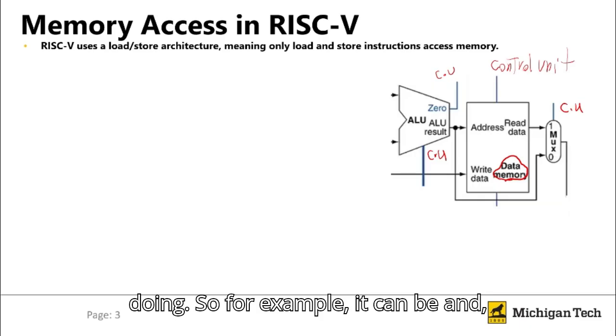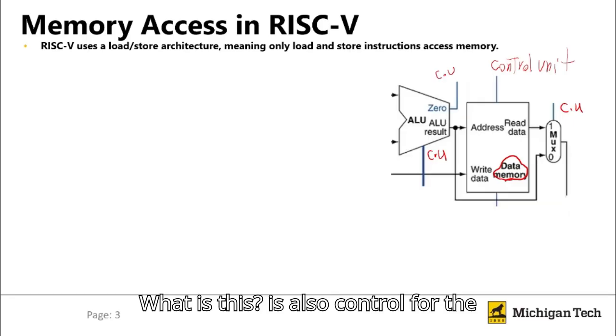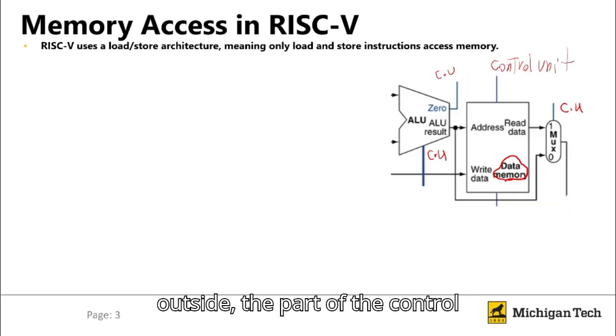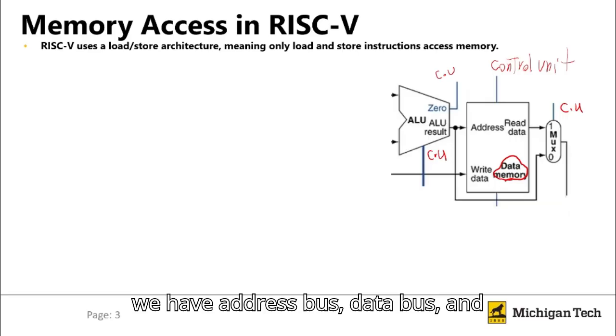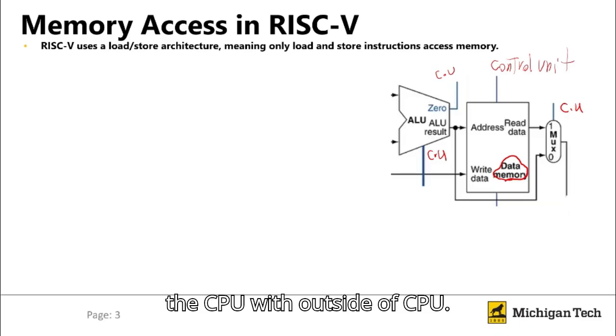For example, it can be AND, add, jump, whatever. This is like an opcode. What is this? This is also control for the memory. Even though memory is outside, part of the control goes outside of the CPU. We call it the control bus. Outside of the CPU, we have the address bus, data bus, and control bus. The control bus connects the CPU with the outside of the CPU. Okay.